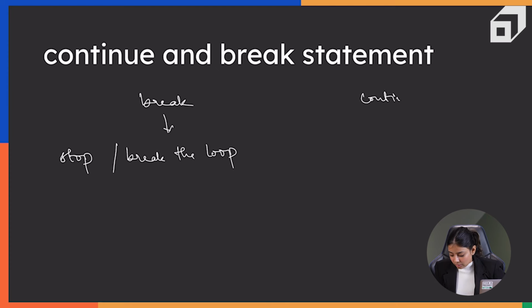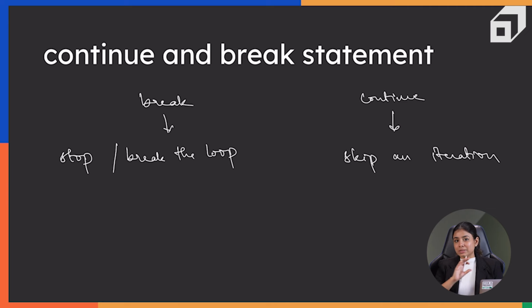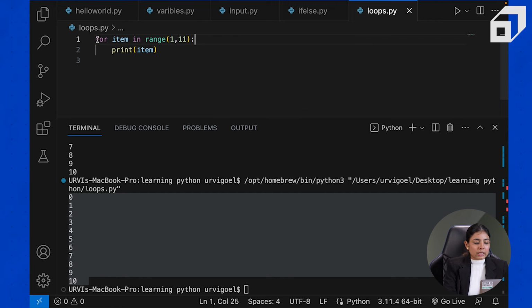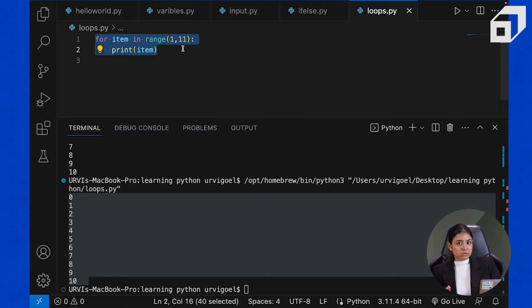The continue statement is used to skip an iteration. If the loop is iterating 10 times, for example, and I want to skip a particular iteration of the loop, in that case I can use the continue statement. How? Let's see. For example, I am printing numbers from 1 to 10, and I want to break the loop whenever it reaches the 8th iteration.